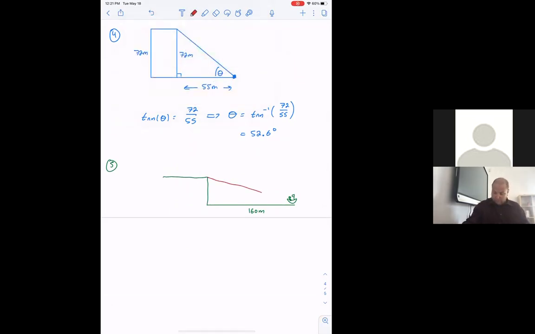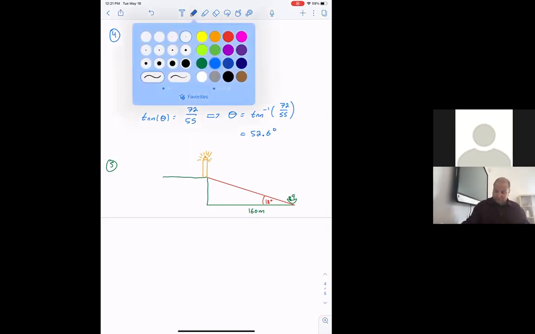Okay, so angle of elevation is 18 degrees. The angle of elevation to the top of a lighthouse on the coast. Ooh, we have a lighthouse here. How do I make a lighthouse? Okay, that's my lighthouse, and it's got a beacon there. The angle of elevation to the top of the lighthouse.